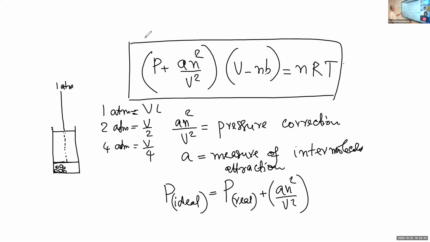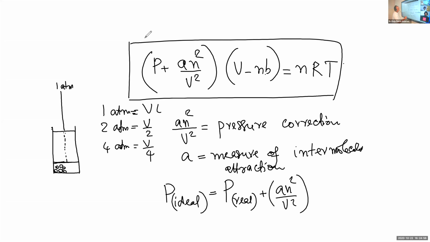So at a very low volume, the volume of the gas molecules cannot be neglected. If the pressure is too high, the volume will be very low, and under such a situation, the volume due to the gas molecules cannot be neglected. So the ideal volume in the ideal gas equation should be lower than the volume of the container.